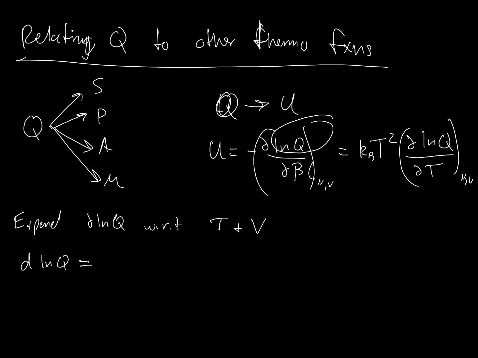So we're relying again on the Gibbs phase rule, where we're saying we only have to specify two variables.